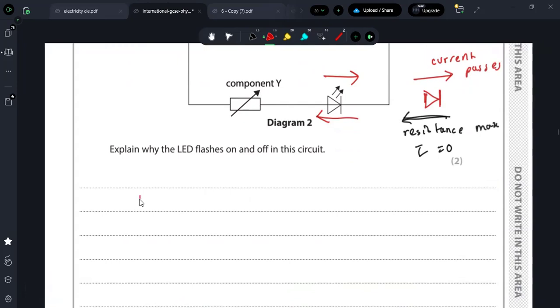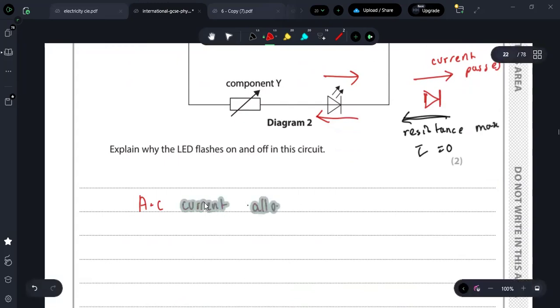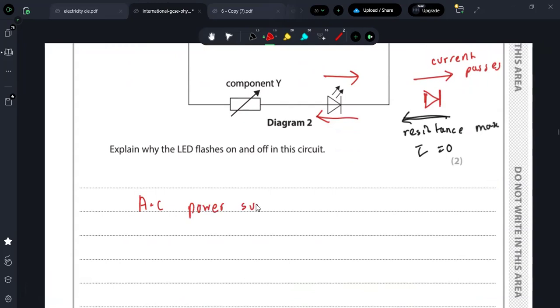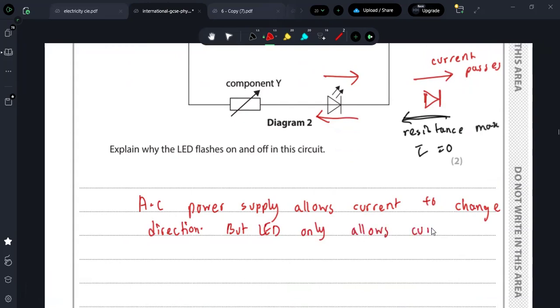So we can write that AC power supply allows current to change direction, but LED only allows current to be passed in one direction.